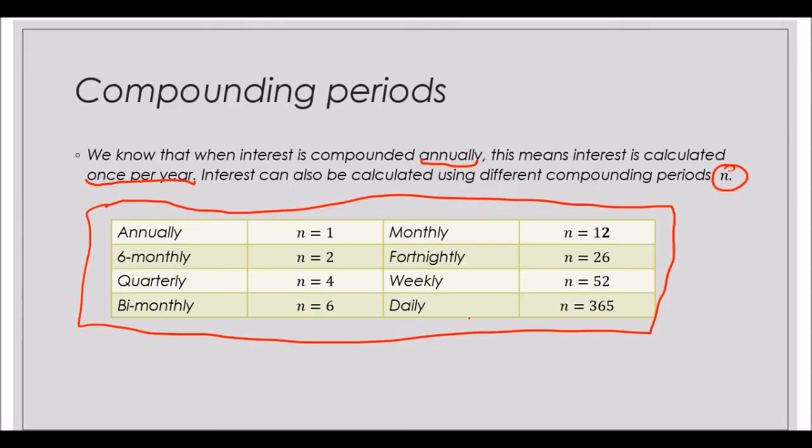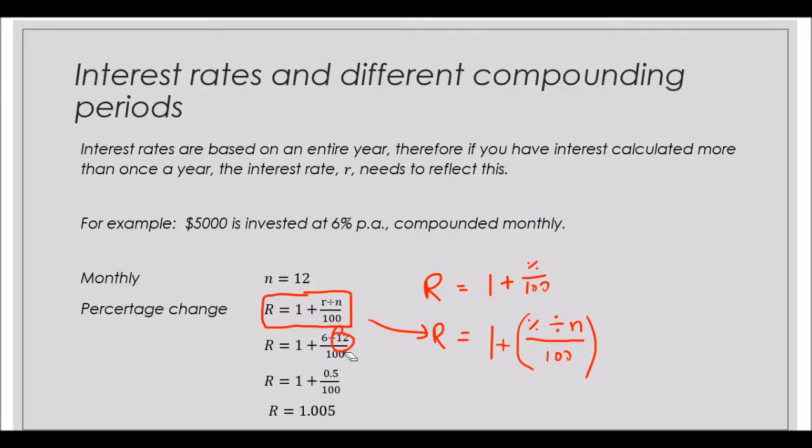If it was compounding weekly, the N here will be 52. So you've got to read the question to see how many times it's compounding per year. So that means the R value calculated in your calculator will be 1.005. So the common ratio is 1.005. That's what you're multiplying your current term by to get the next term. Okay, 1.005.